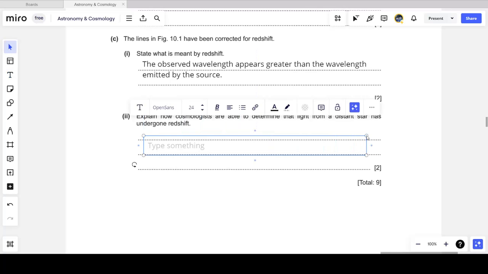So how can I say this in words? I'll say the spectrum, and I'm sticking to the mark scheme here because the wording is very specific, but you can also go in and write a much more long-winded answer.